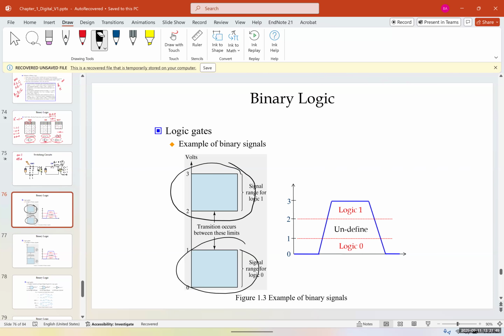So if we have something in the middle, we don't know if it's 0 or 1. It's undefined. We usually show it with X, and it's unacceptable. We don't count it as 0, we don't count it as 1. It's none of those. Is it clear? Anything in this region is neither 0 nor 1. It's nothing.